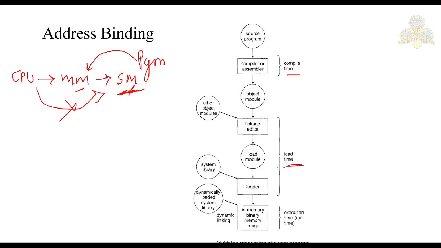Loading means when the process is actually loaded into your main memory, at that time you can do the address binding. If even at the load time it is not done, then you have to do the address binding dynamically. That means at the run time, the execution time, you have to do the binding. Now we'll see what compile time binding, load time binding, and run time binding are.